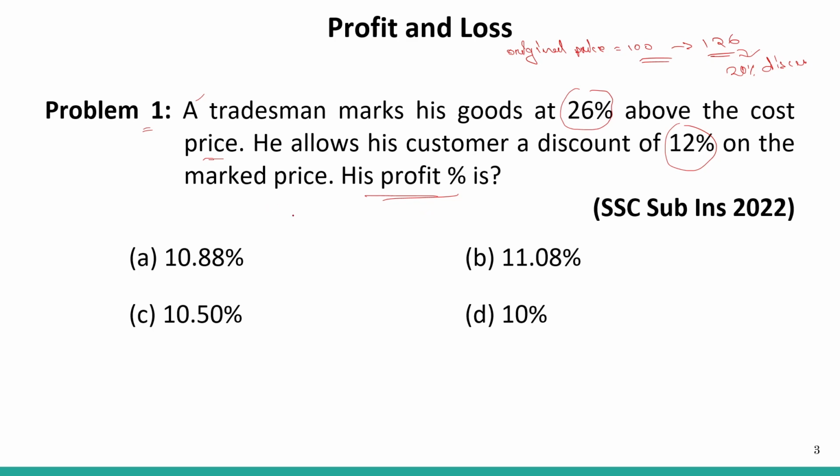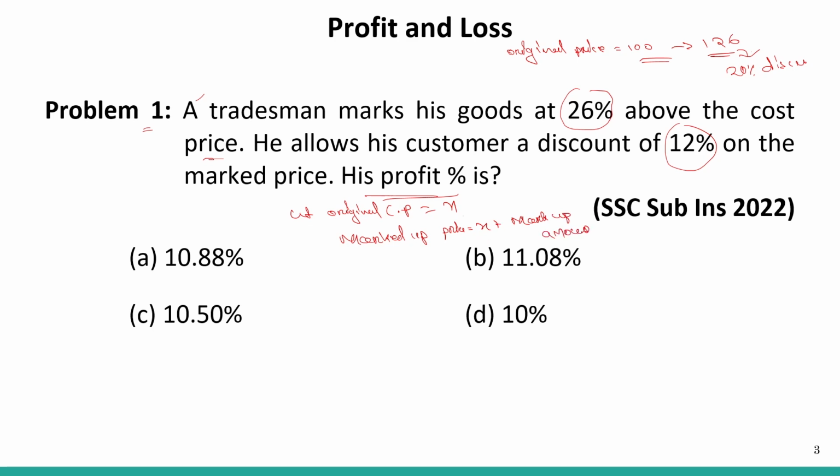So let the original cost price CP be equal to x. The marked price is x plus the markup amount.